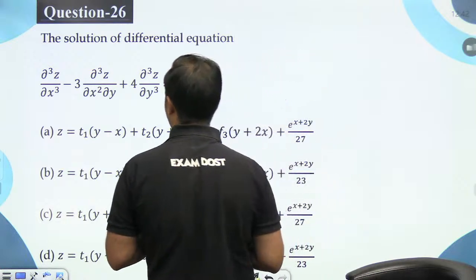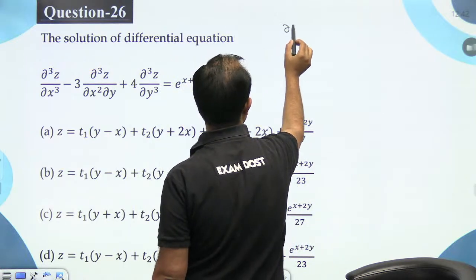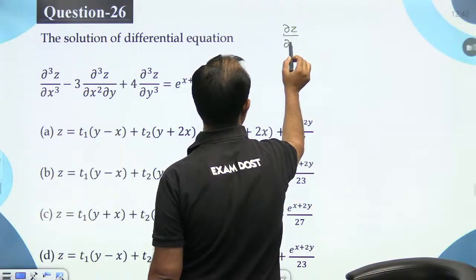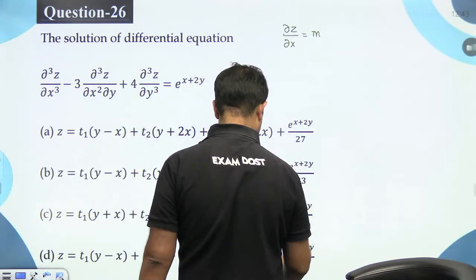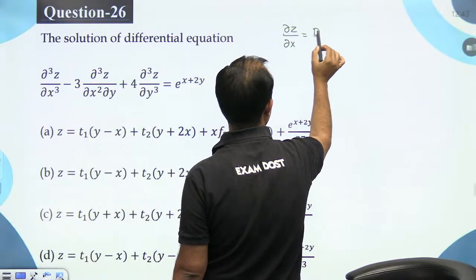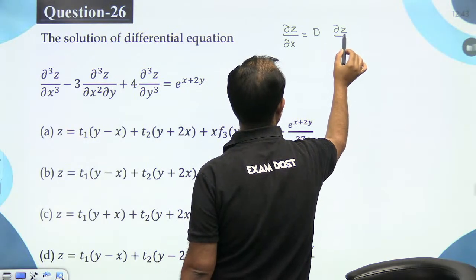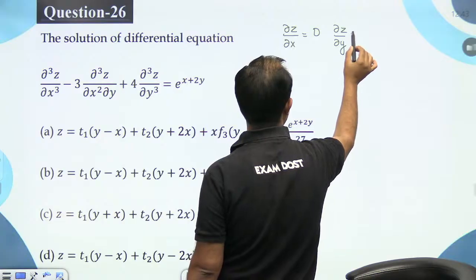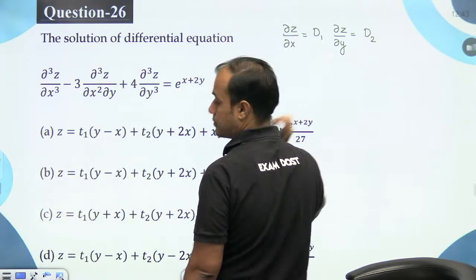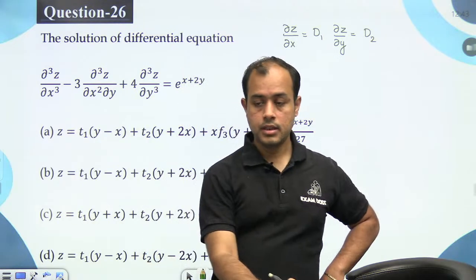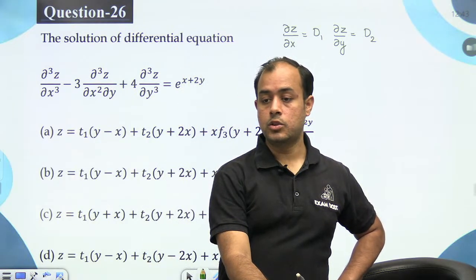So how you will solve this partial differential equation? You will write del z by del x is equal to, suppose D. Suppose I write D1 and D2.